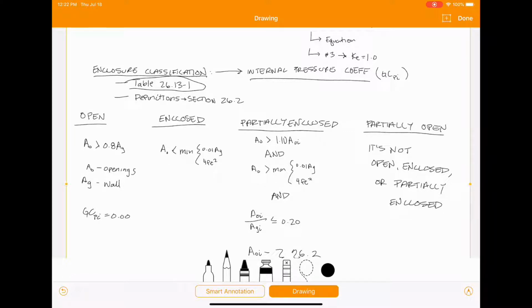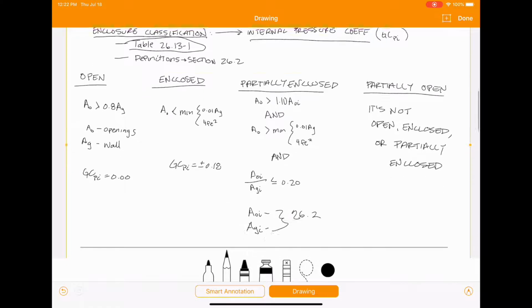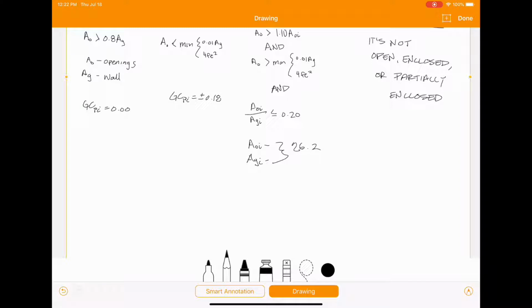For enclosed buildings, your GCPI equals plus or minus 0.18. For partially enclosed buildings, your GCPI equals plus or minus 0.55, and for partially open, your GCPI equals plus or minus 0.18.